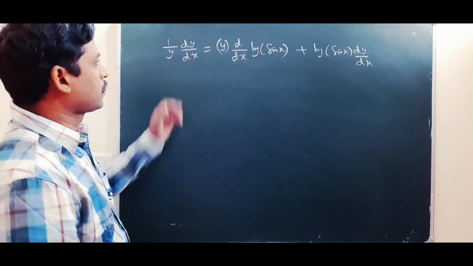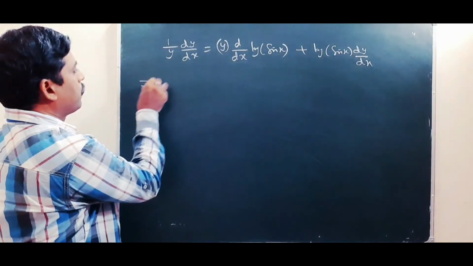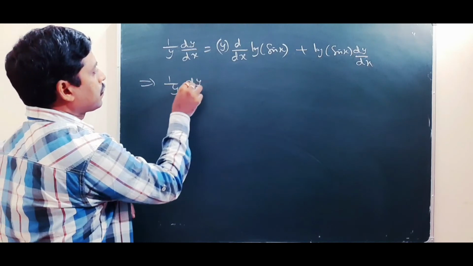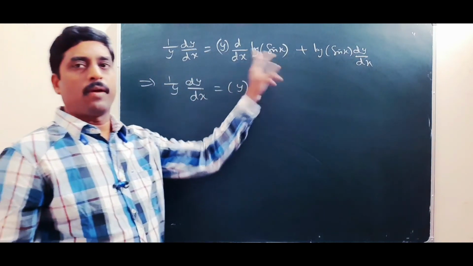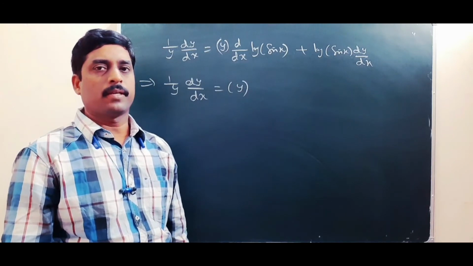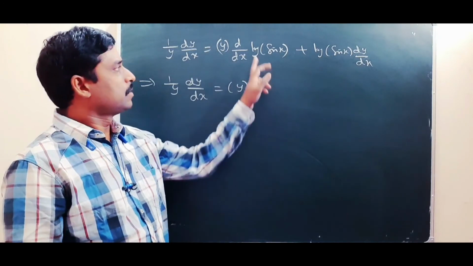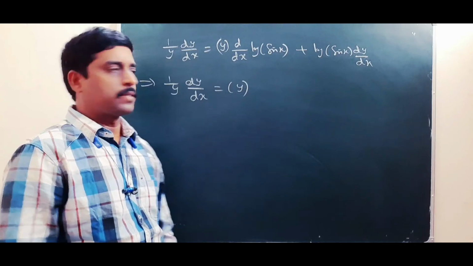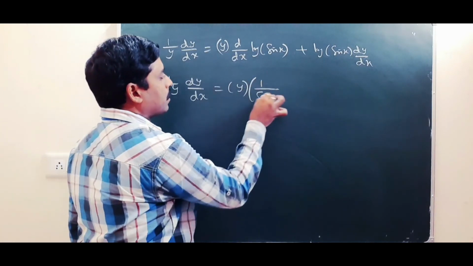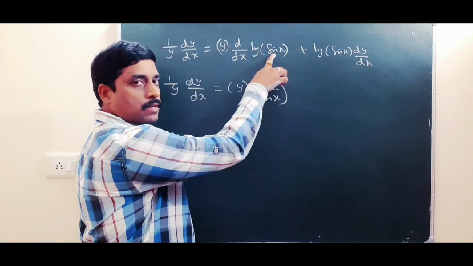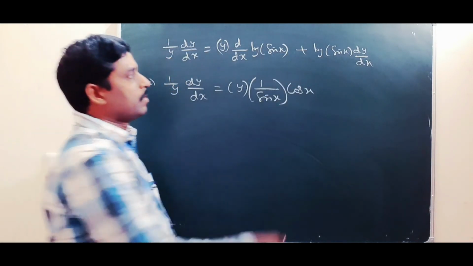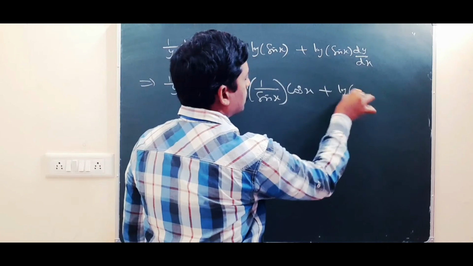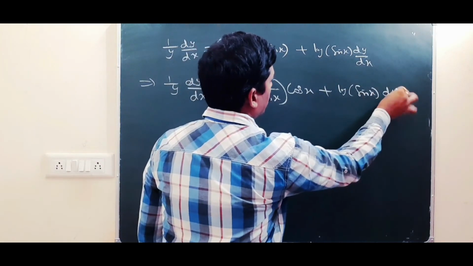Okay, now continuation. So 1 by y into dy by dx equal to y times of differentiation of log sin x. Differentiation of log x is 1 by x. So differentiation of log sin x is 1 by sin x into differentiation of sin x, which is cos x, by using chain rule.